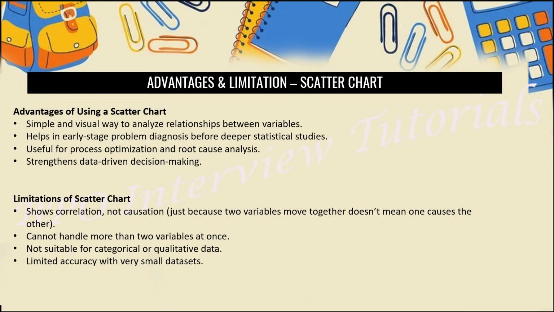Now limitations. The one limitation I can say for sure is that there are only two variables. We cannot include multiple variables here. This is one. Second, it is not suitable for categorical or qualitative data. This is not helpful. This is only helpful for quantitative data, guys.